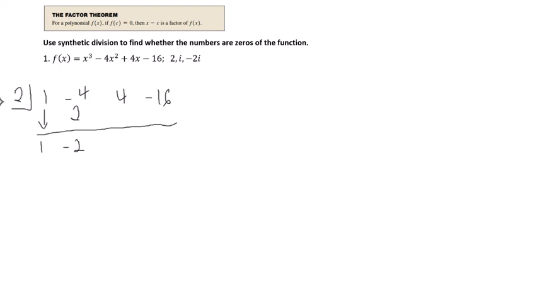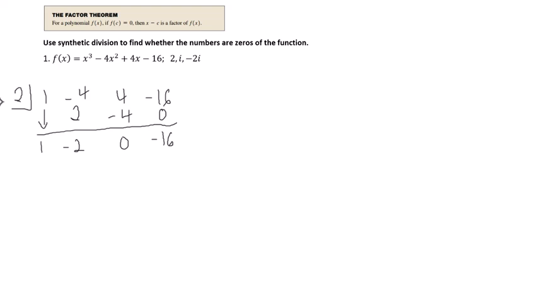That's negative 2. Multiply, you get negative 4. Combine, you get 0. Multiply, you get 0. And combine, you get negative 16. So we can say that this is not a 0.